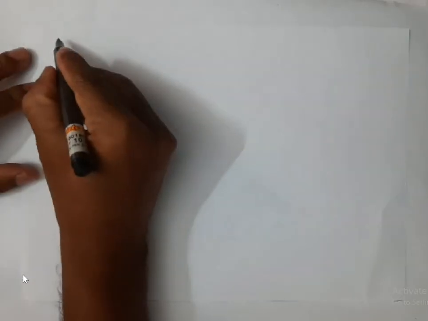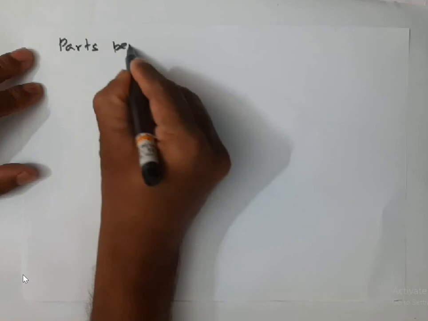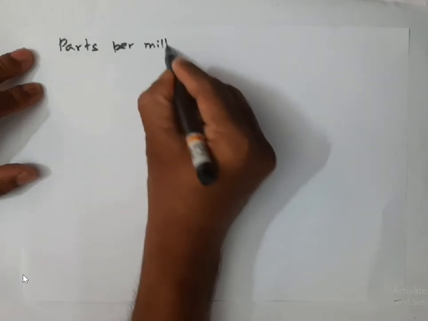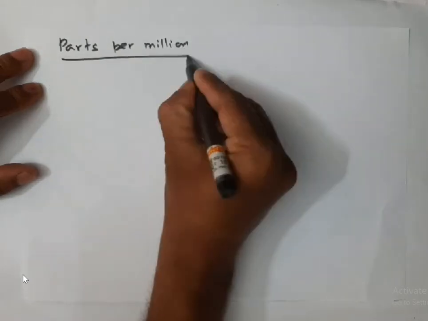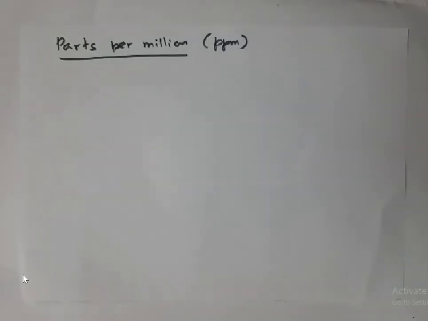Then we will discuss the next important concentration term, that is parts per million. Students, take down the next important term, parts per million. We say ppm.